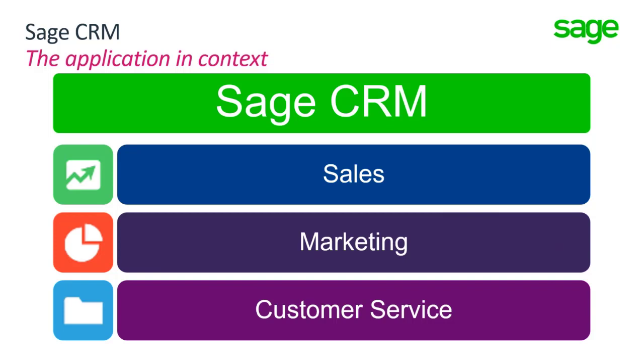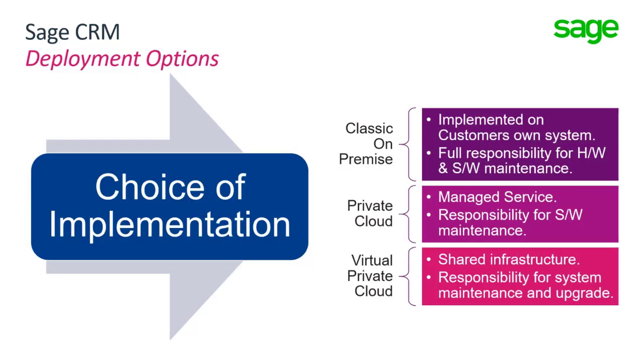And we have this idea underneath Sage CRM that it is looking at modules for sales, marketing, and customer service. We have to think in terms of those integrated with the accounting system. And we have a choice of implementation.